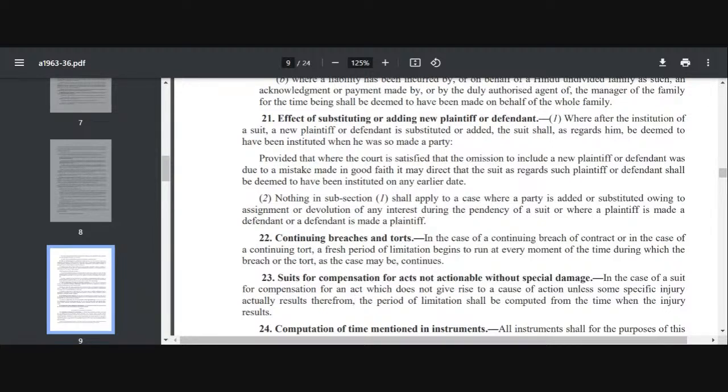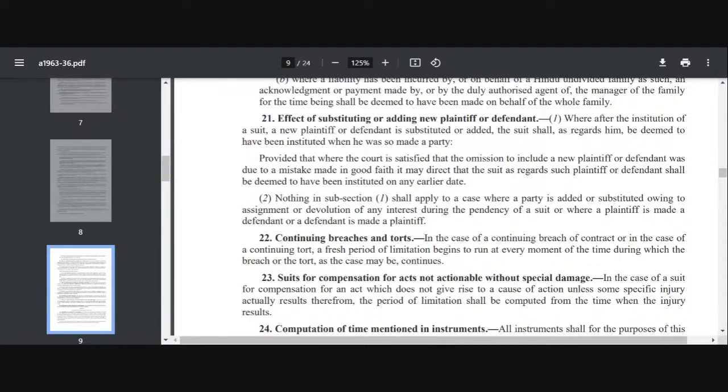So for that person who is added or who is substituted, it is deemed to have been instituted on the date when he was made a party, right? But if the court gets satisfied that the omission to add a new plaintiff or defendant was due to mistake or due to some other reason in good faith, then it can direct that the suit as regards that plaintiff or defendant should be instituted on the earlier date and not on the date when he is made a party.